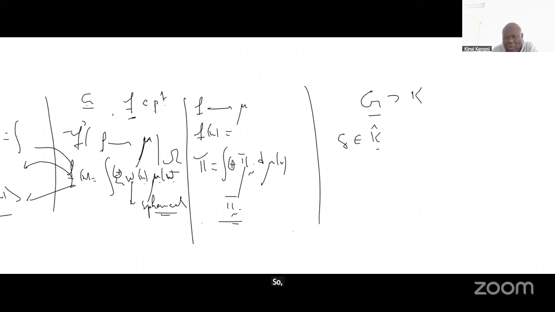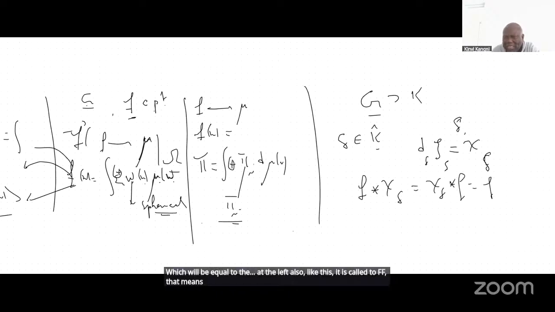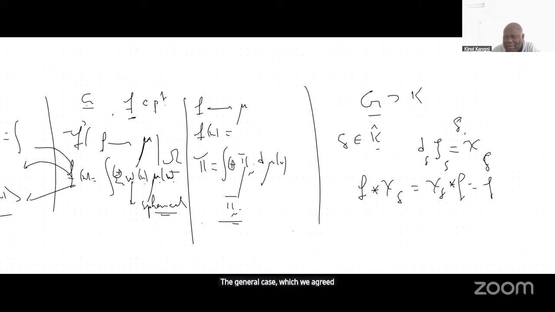I consider the character of the representation delta, multiplied by the degree of delta, and call it chi delta. When you consider the convolution of f with this function on the left and right, it is equal to f. That means you have a space, which I will note as the space of continuous functions on G of type delta, which is not necessarily commutative if delta is not trivial.